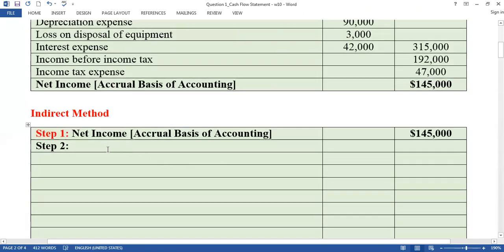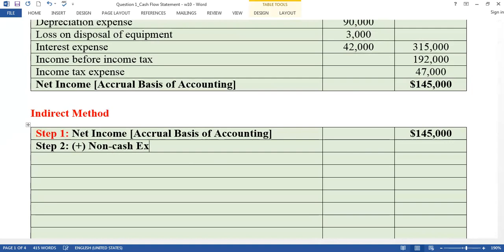Yes, so we are also going to do this kind of plus and minus here. So plus means added back. Non-cash expense.